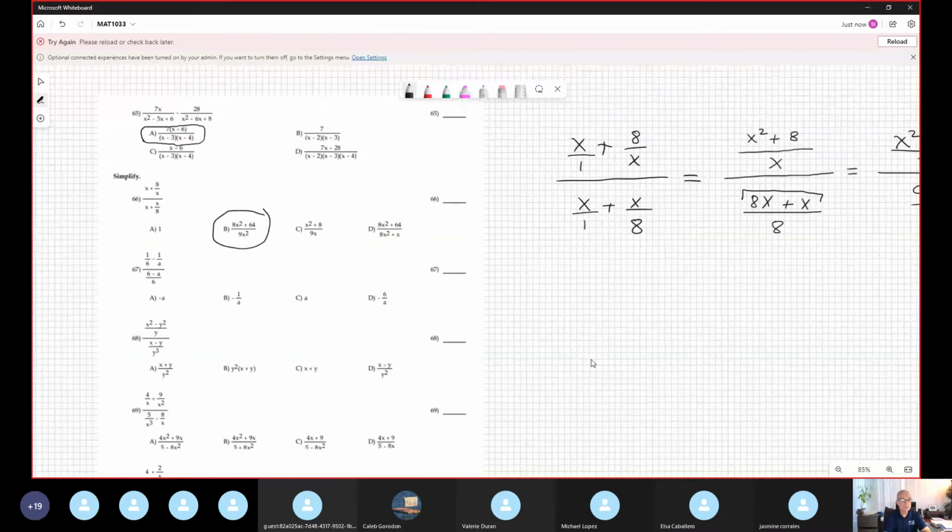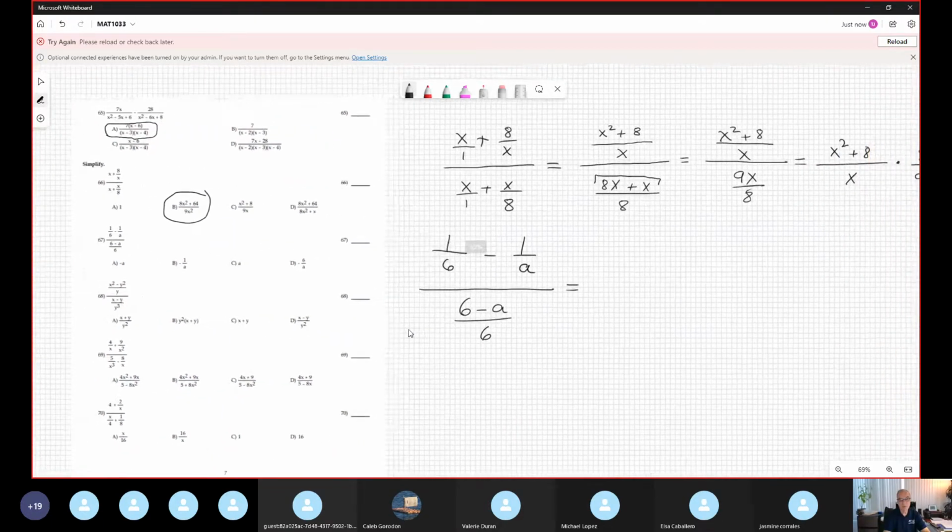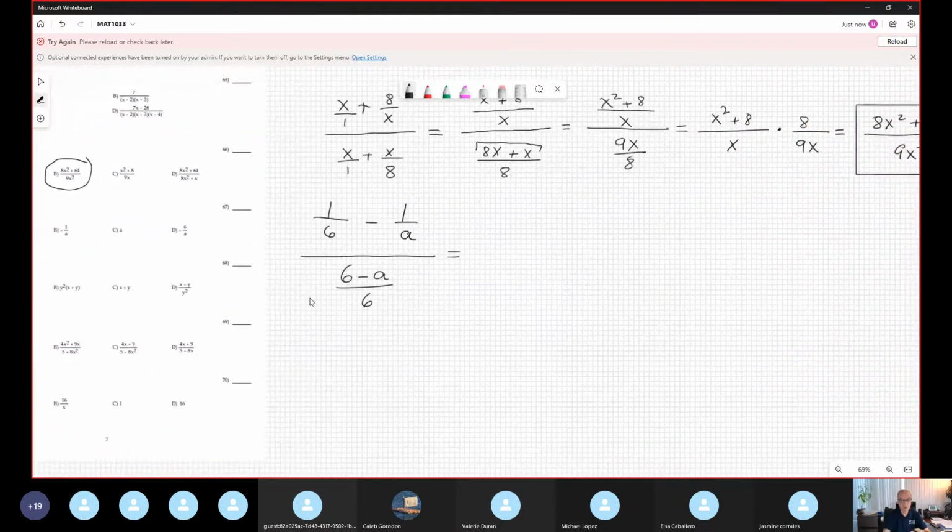Number 67 says 1 over 6 minus 1 over a, divided by 6 minus a over 8 over 6. Sorry. Well, this is easy in my opinion because somebody did me a favor and condensed the fraction in the denominator.